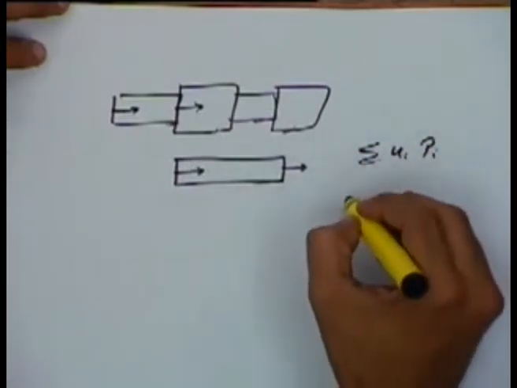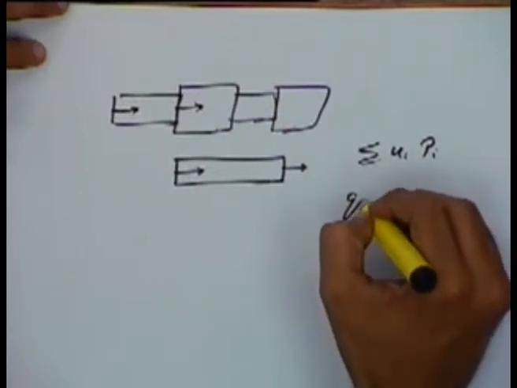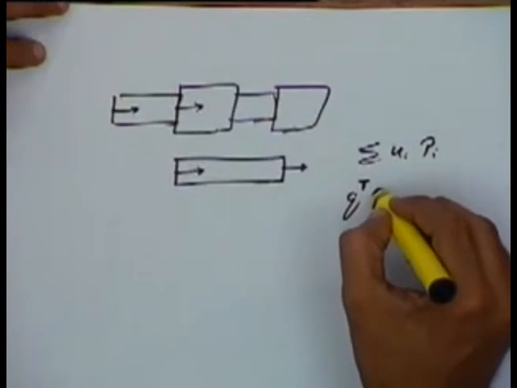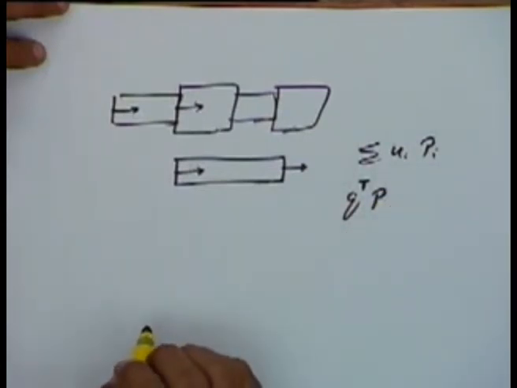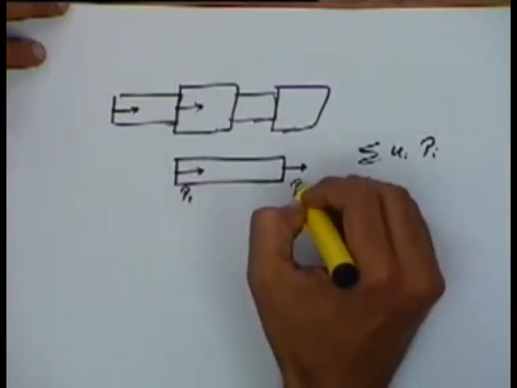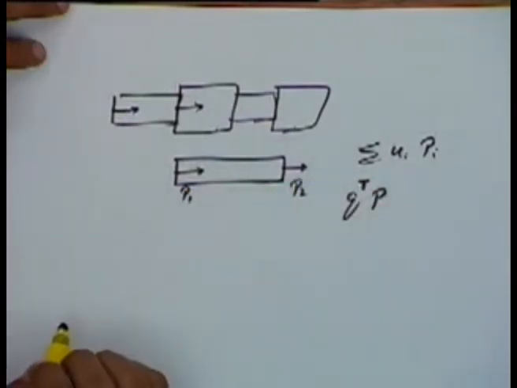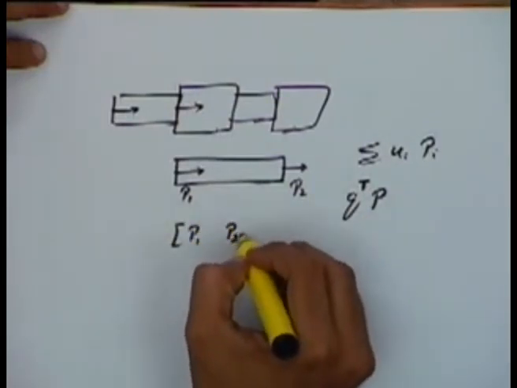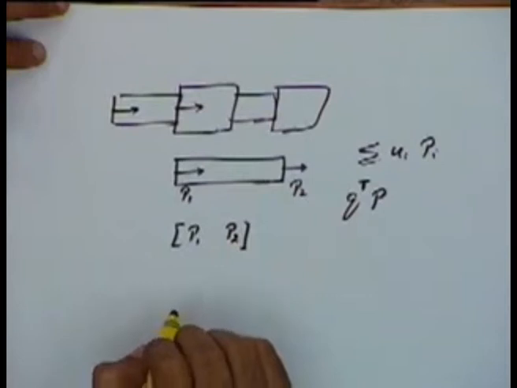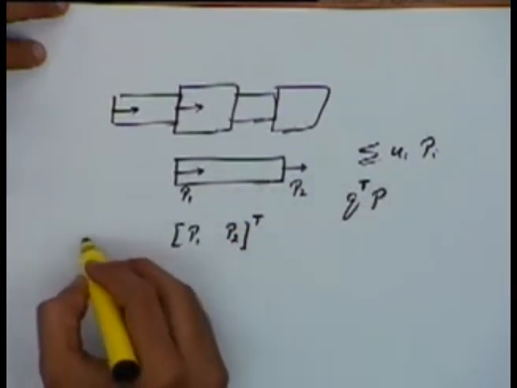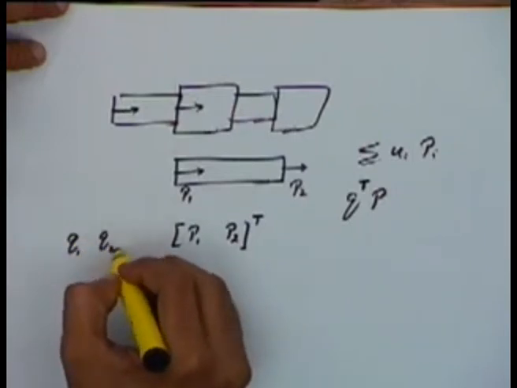I can again rewrite this as q transpose multiplied by, let's say, p. Okay, let's say this force is p1, this force is p2. P is a vector p1 p2, transpose, and q transpose will be q1 q2.